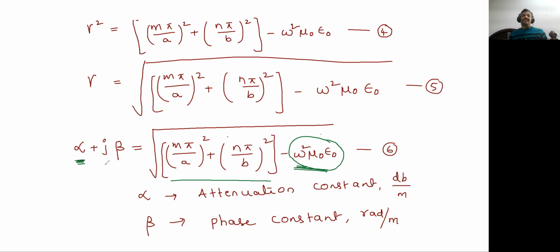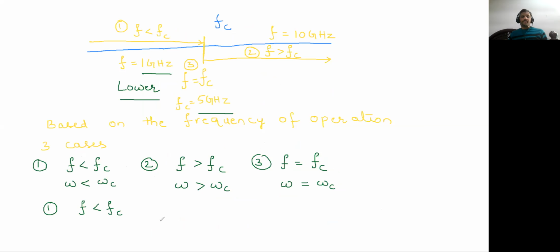That means there is no imaginary part when frequency F is lesser than Fc. That's what we are going to write here. So omega square mu naught epsilon naught is lesser than (m pi by a) whole square plus (n pi by b) whole square.